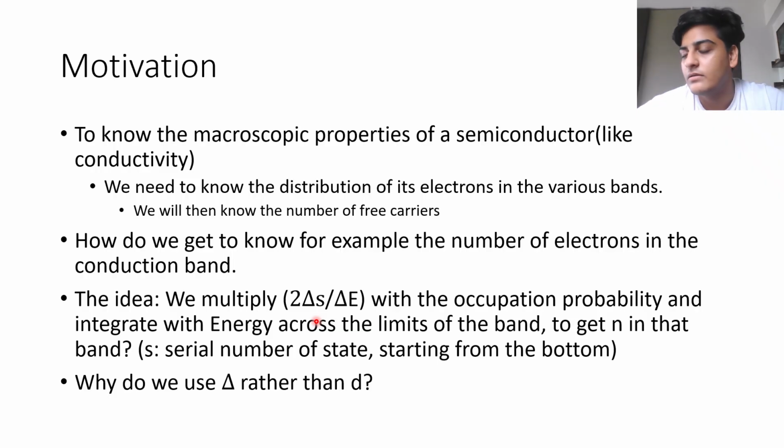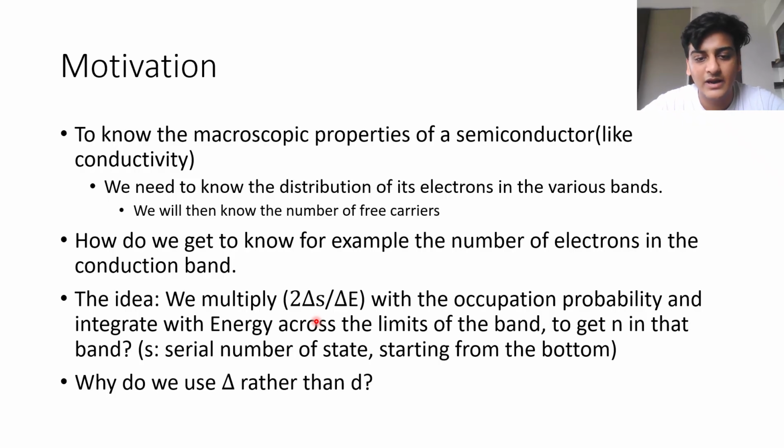So coming to the factor of 2, why we are multiplying by 2 here is that for each state that exists in some energy difference, there are two equivalent states, one which will allow the spin up electron and one which will allow the spin down electron.